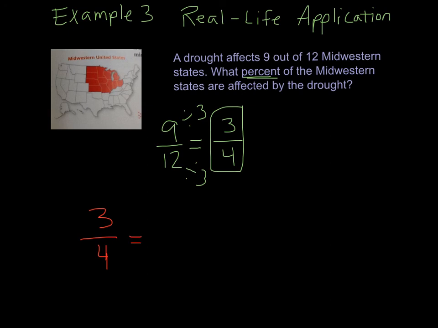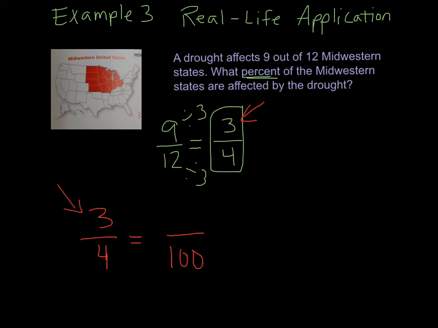Now I need to get it to where the bottom number equals 100. Why didn't I go from 9/12? Because 12 doesn't go into 100 evenly. You have to simplify first. You can't get any further unless you do, unless you're doing it mentally or something, but I don't want you doing it that way. I want you to simplify it first, then from this step you can go up to 100.